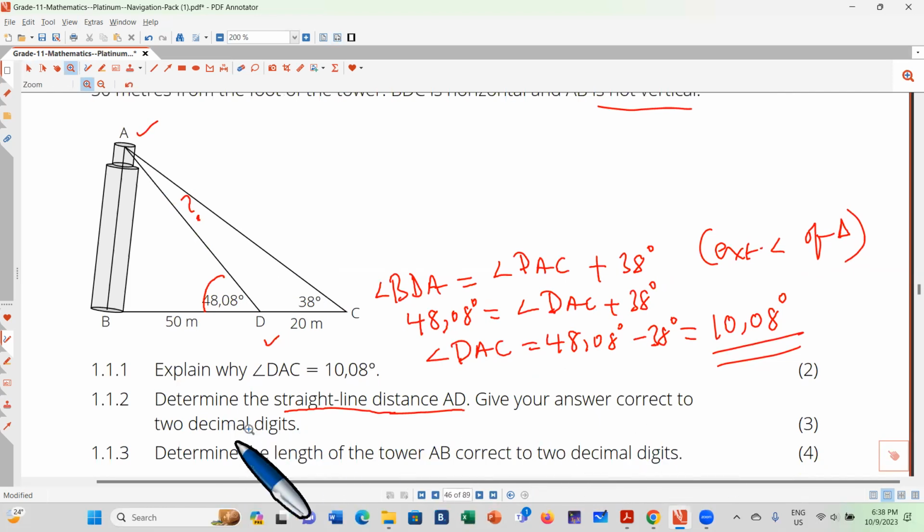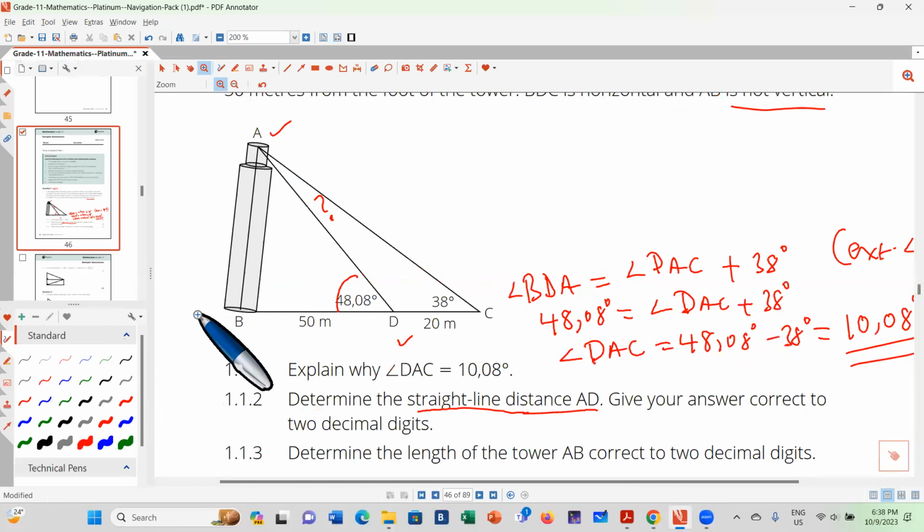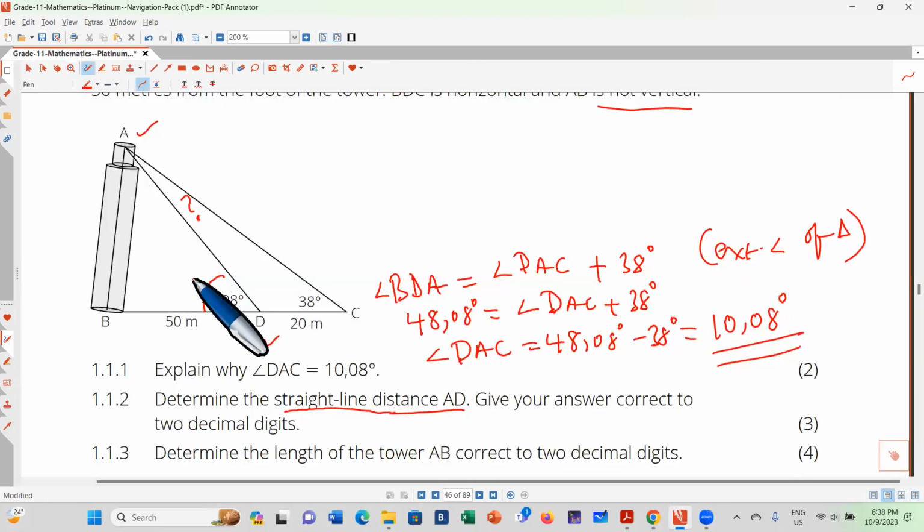Give your answer correctly to two decimal digits, so this one, A to D. So I'm giving you 3 minutes. Just 3 minutes only. Please let me know what you think the answer is in 3 minutes. Let me know when you're done. We're interested in finding the distance from A to D.